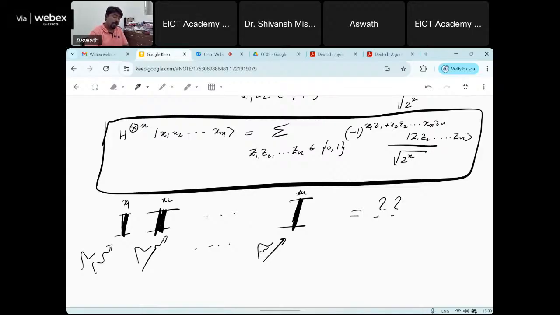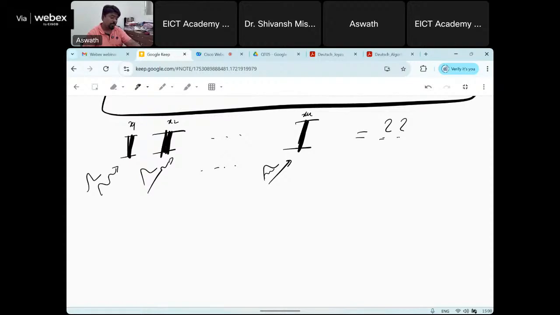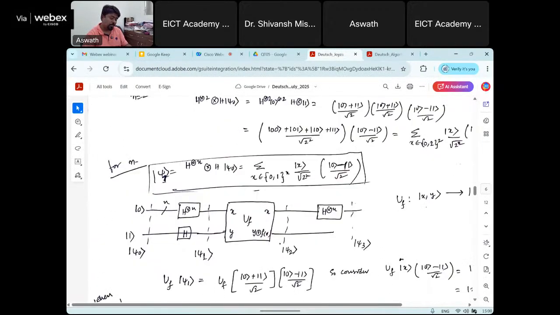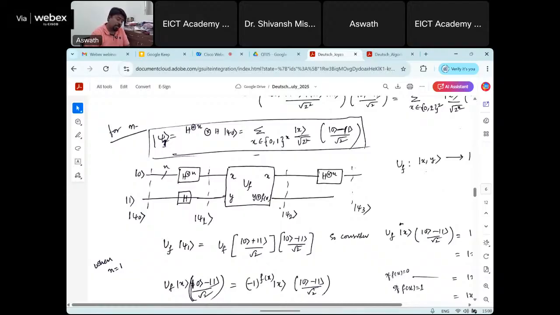Because it is part of our quantum circuit. Let me show you the quantum circuit. In this quantum circuit I have psi 0, psi 1, psi 2, and now I want to find psi 3.